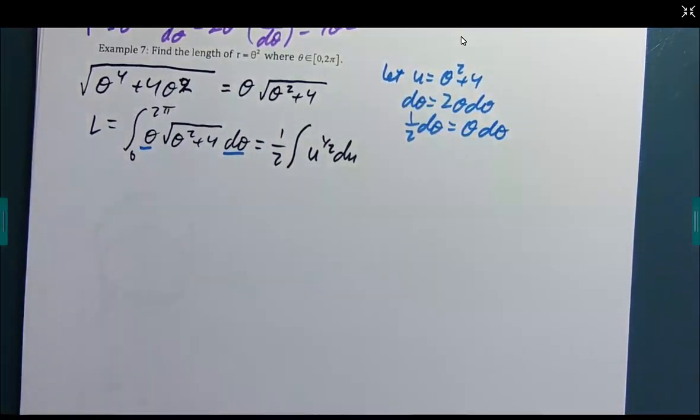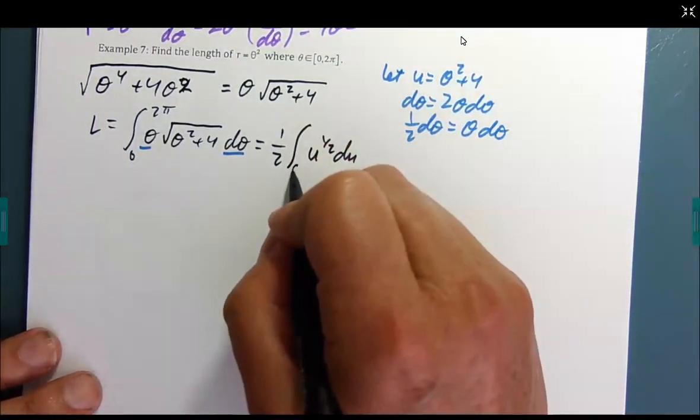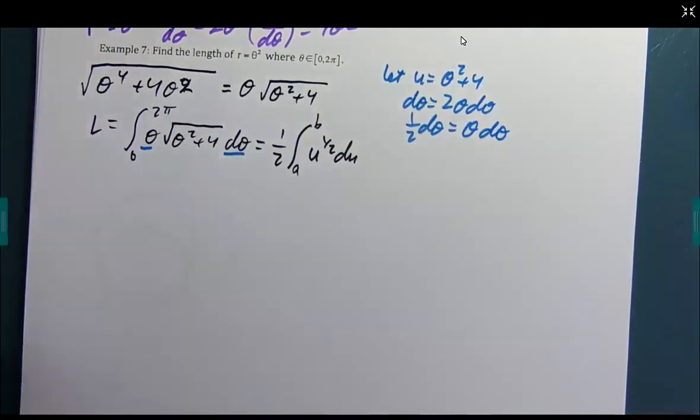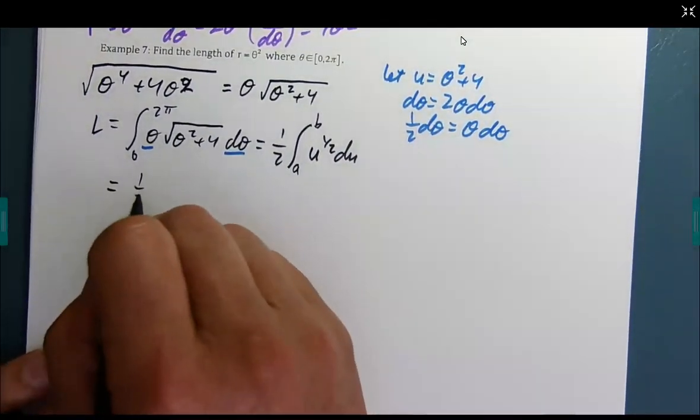Now our boundaries. I'm going to leave them in terms of just a generic a and b, because these are now u values. And I'm going to go ahead and integrate what we have.